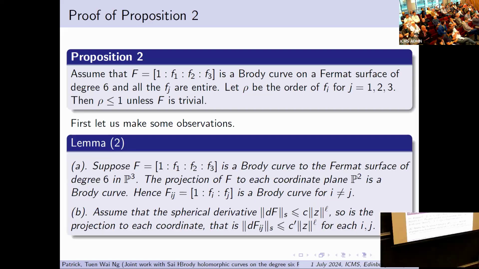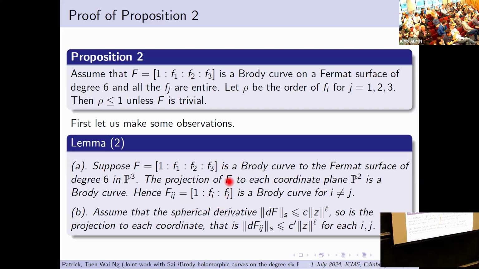Now, in order to prove this proposition, we need to use the following observation. You take a Brody curve on a Fermat surface of degree 6, and then you project this to P2. For example, you just take 2 of these coordinate functions F_i.